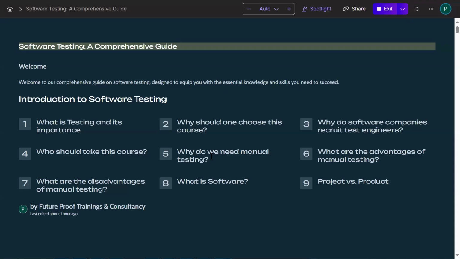Day to day he needs to interact with all these roles. That's why one of the most important things is communication, and he must also be interactive. Okay, why should one choose this course?